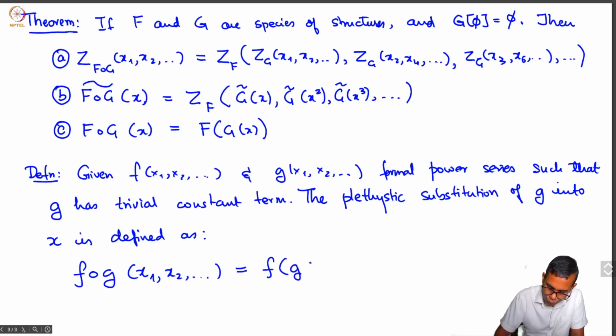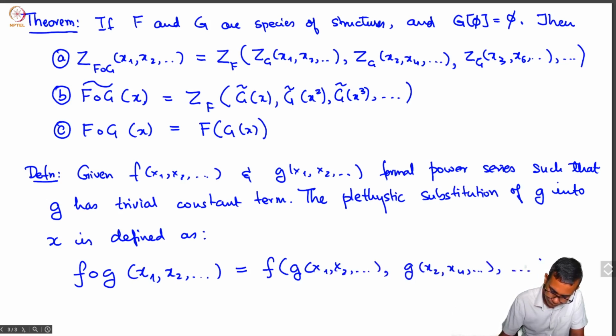So in place of x1 you put g of x1, x2, ..., in place of x2 you put g of x2, x4, and so on. And so what this theorem above is saying is that Z_{F circle G} is Z_F circle Z_G.